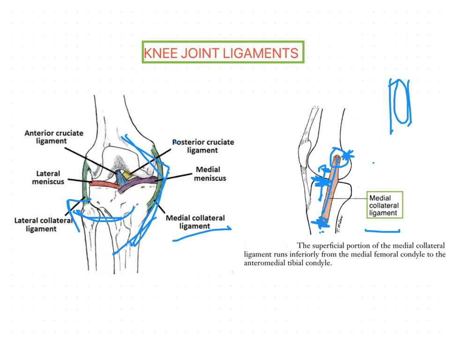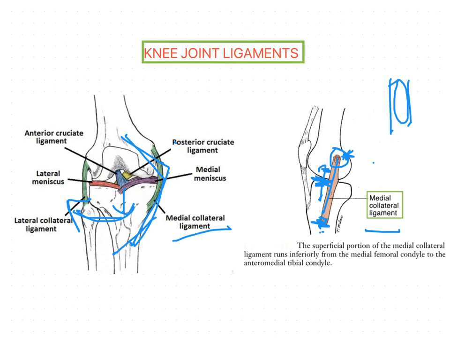So these are the main functions of the medial collateral ligament, and it has a secondary function, a supportive role in resisting anterior translation of the tibia on the femur in the absence of primary restraints against anterior tibial translation.